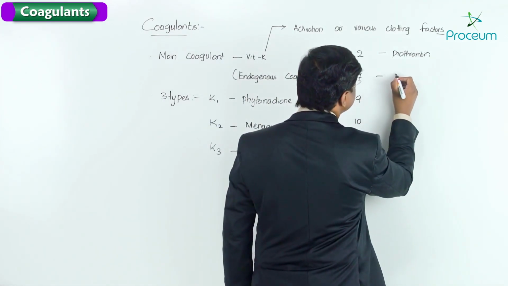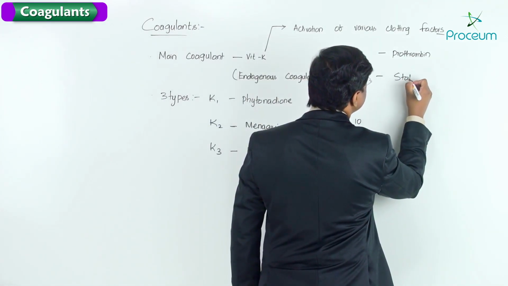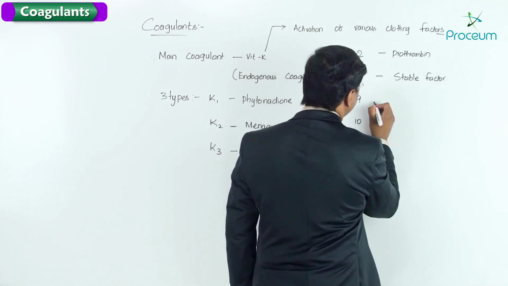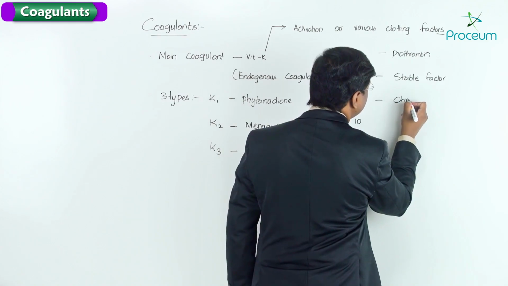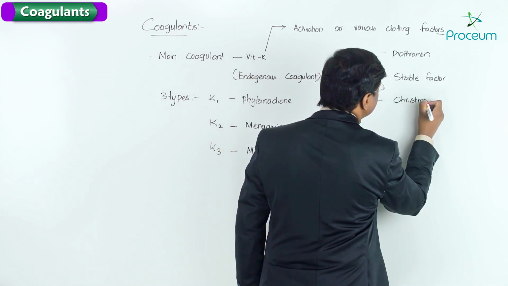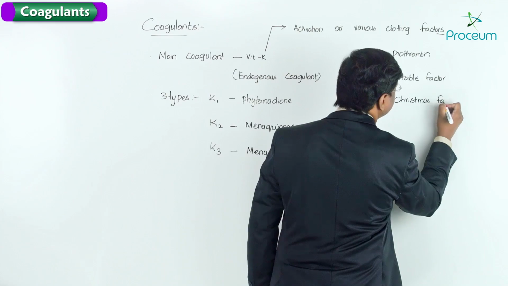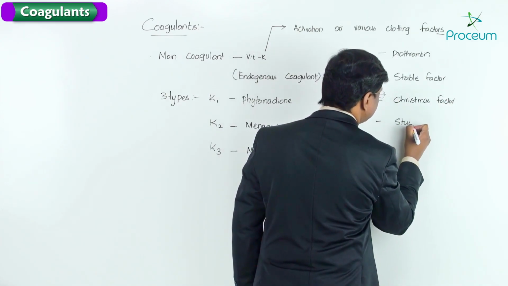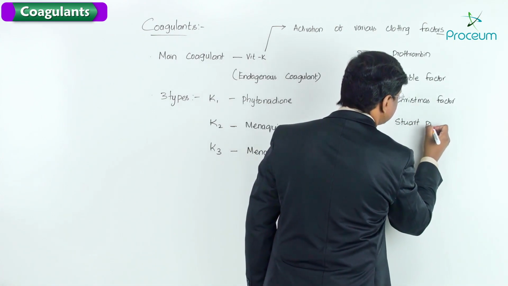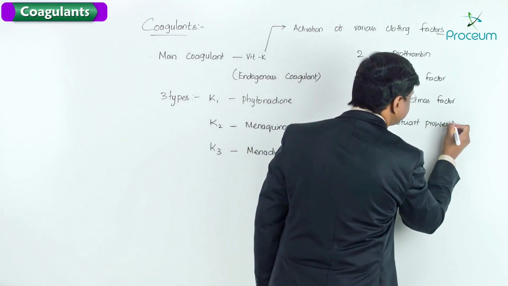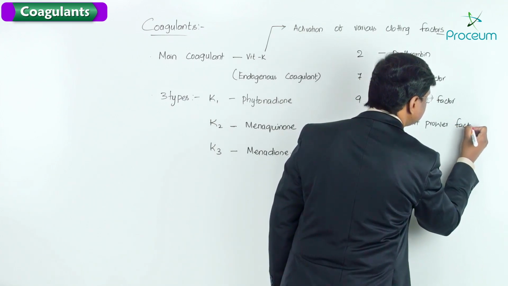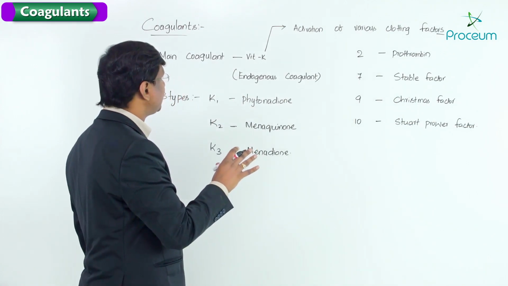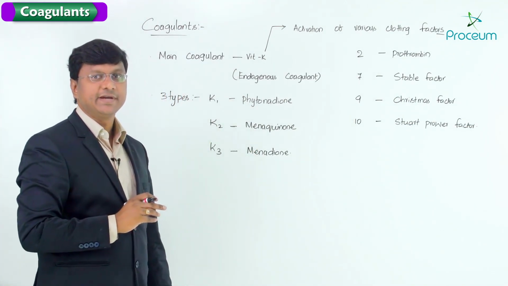Factor number 7 is the stable factor, factor number 9 is the Christmas factor, and factor number 10 is the Stewart-Prower factor. These are the various clotting factors which are activated by vitamin K.